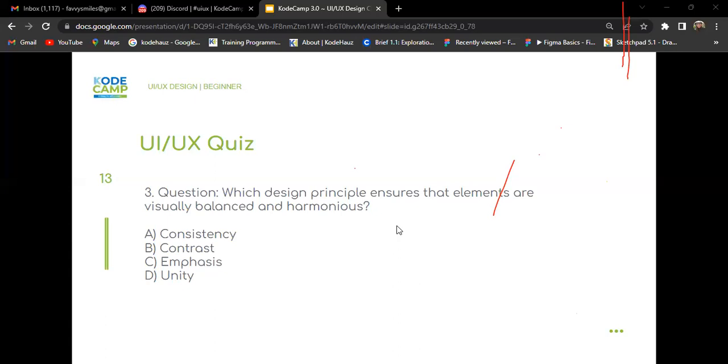Hilda, B, no. Ayodeji said D. Ayodeji is our winner. Okay, thank you for that. Ayodeji is our winner because the correct answer is D for number 3. Unity is the design principle that ensures that elements are visually balanced and harmonious.